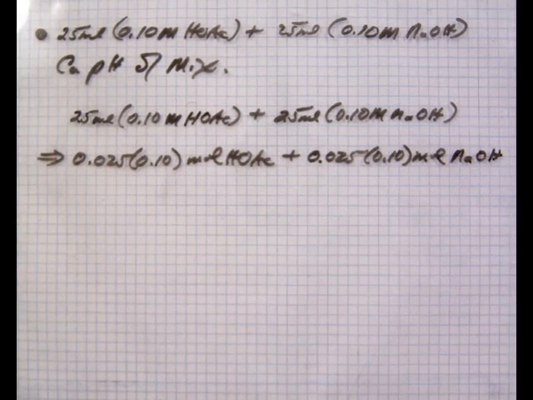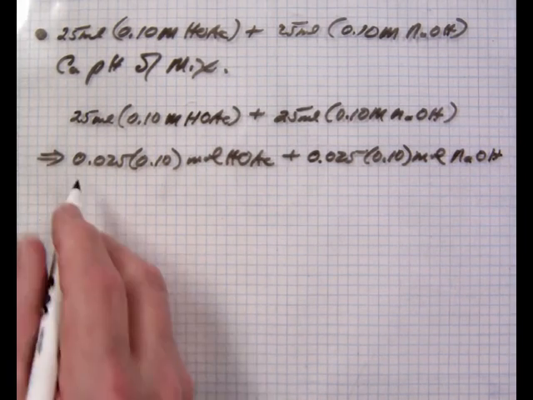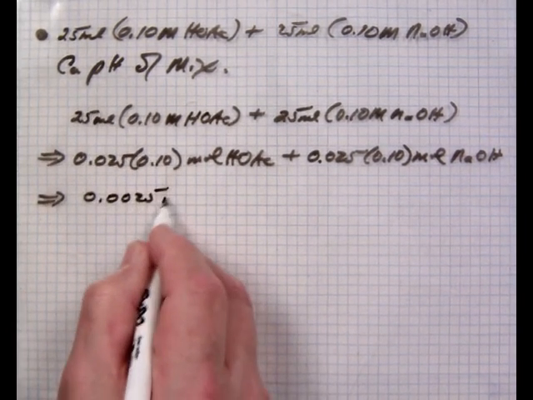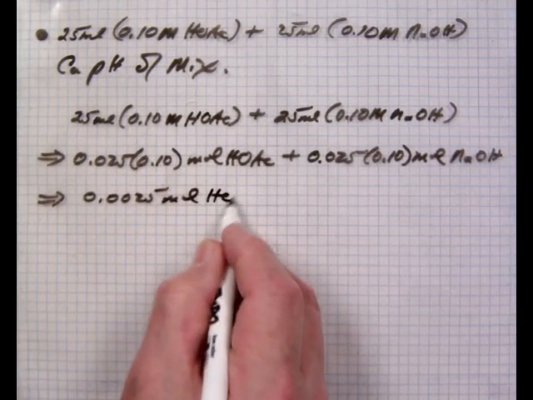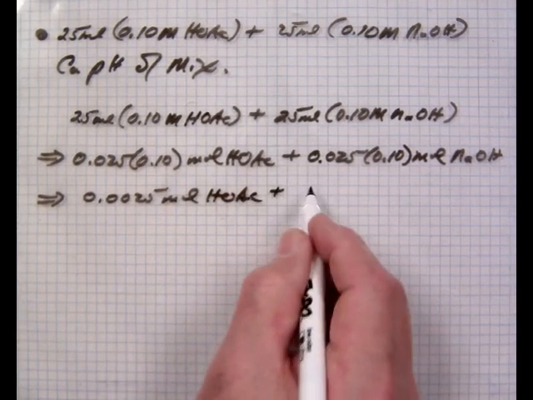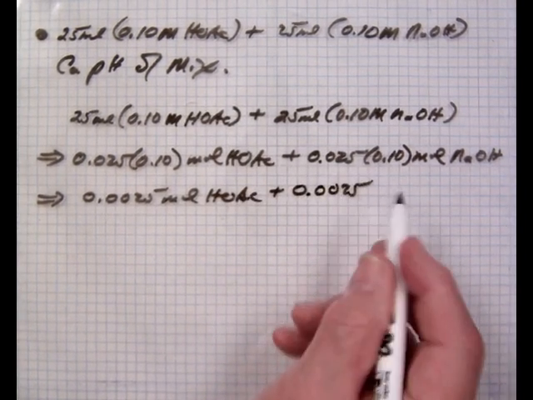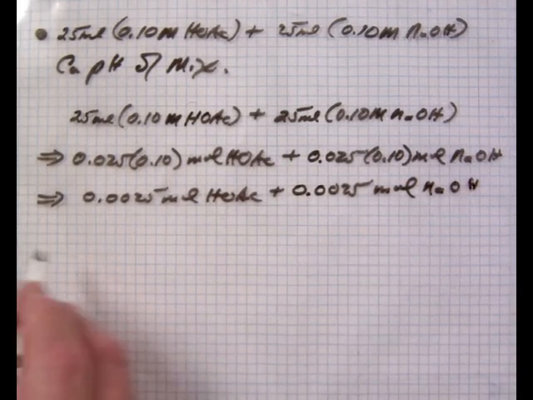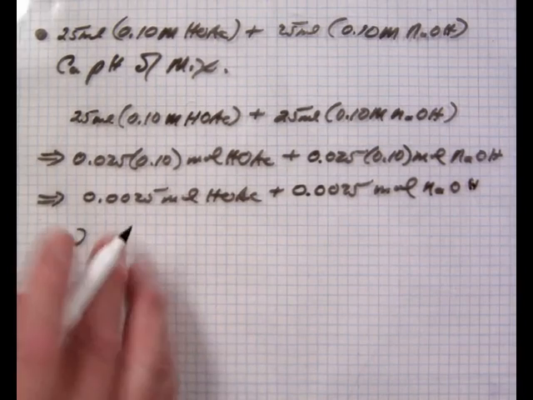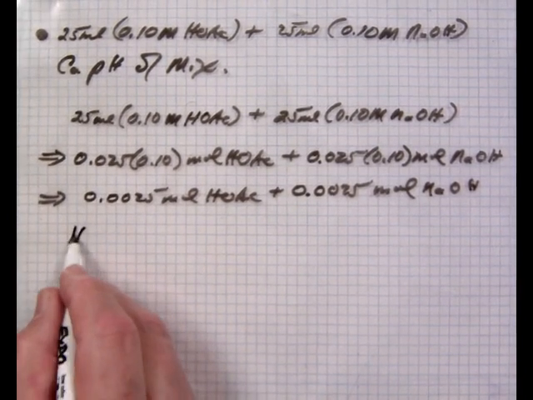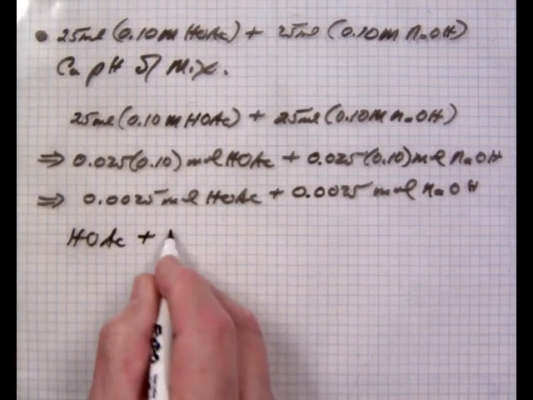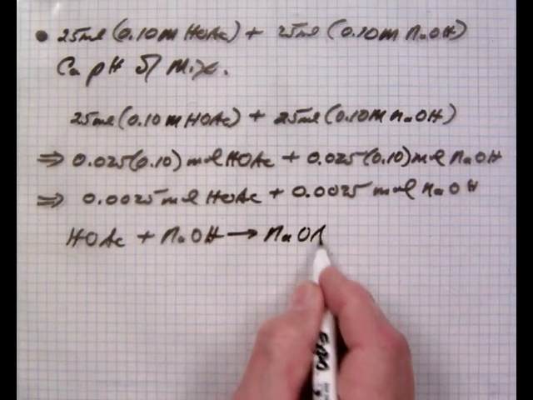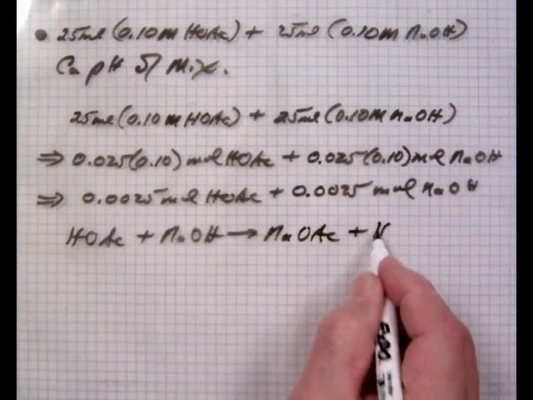Molarity times volume expressed in liters is moles. So that's 0.0025 mole HOAc plus 0.0025 mole NaOH. Well, obviously, in the reaction, HOAc plus NaOH goes to NaOAc, salt, plus H2O.